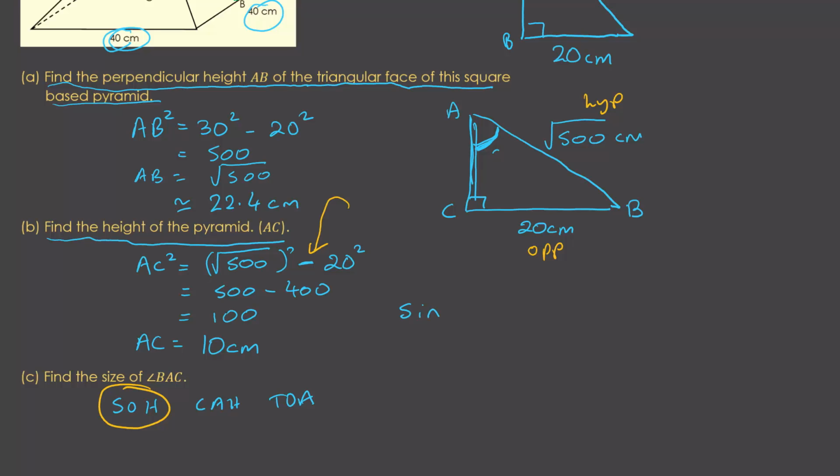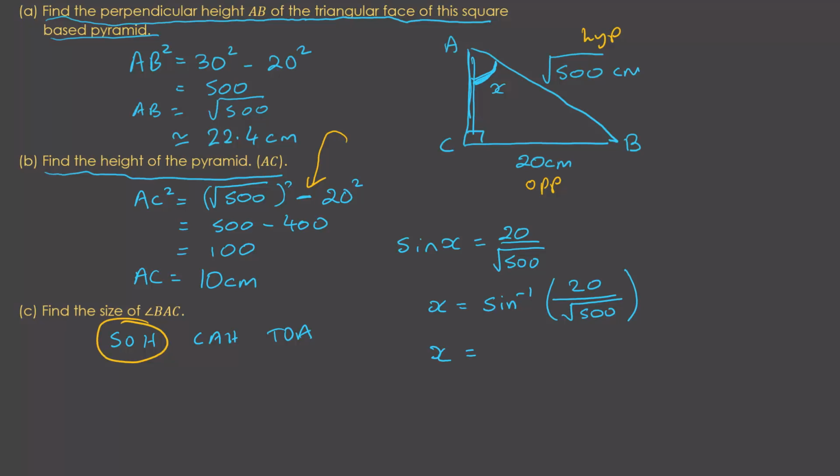So the sine of our angle, let's just call it x, is equal to the length of the opposite, which is 20, over the length of the hypotenuse, which is root 500. And therefore x is the inverse sine of 20 over root 500.